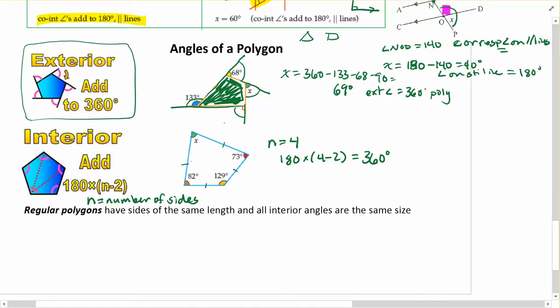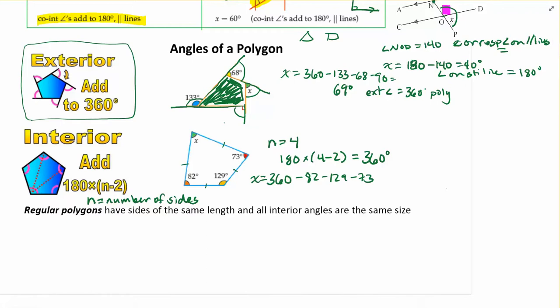So I know that inside of this shape, which happens to be a quadrilateral because it's got 4 sides, I'll have 360 total. So x will be equal to 360 minus 82 minus 129 minus 73. And we get 67 degrees.